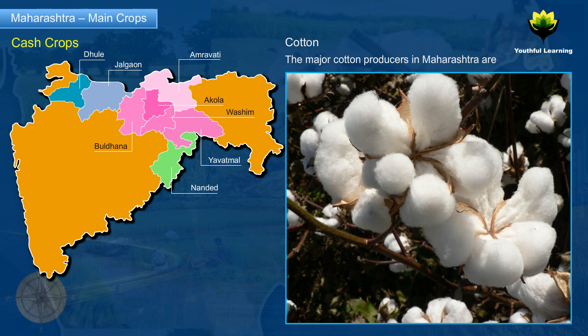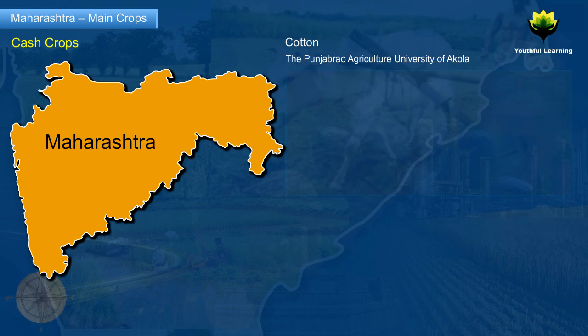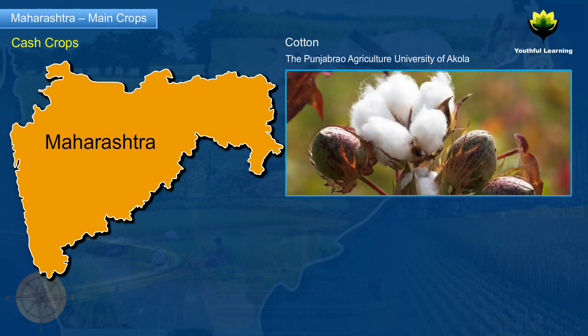The state produces mainly the short staple variety of cotton. The Punjab Rao Agriculture University of Akola has been conducting research in cotton and has successfully developed seeds for two varieties of cotton, viz. BT cotton and CAHS 468.